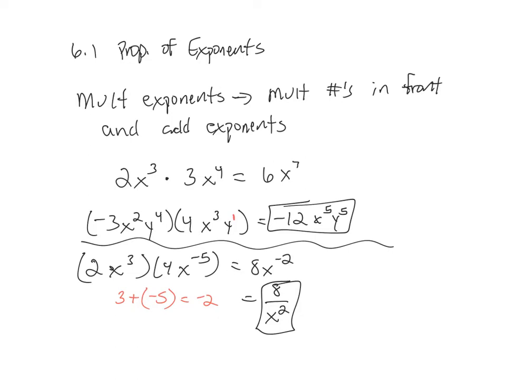If there were parentheses around the 8 and the x, then yes. But there's not. So the 8 stays where it is, and then just the x part would move. Okay. If you had one, and this kind of trips people up sometimes.